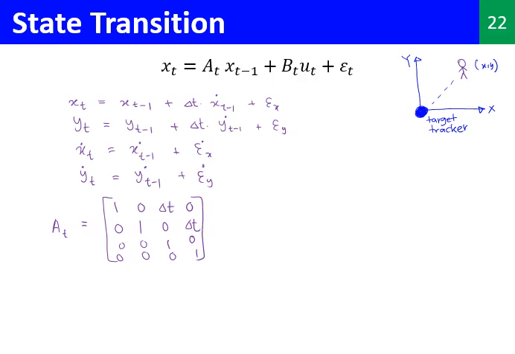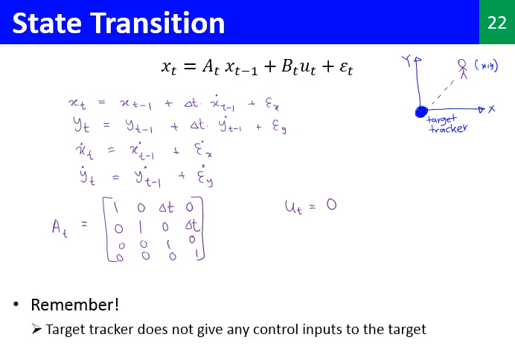And again, there is no control input in this example, so there is no B matrix that we need to consider. So I will write that as u_t equals 0 vector, and B can be anything, so we can have B equals 0. Okay, so what you need to remember is that the target tracker does not give any control inputs to the target, so in this application this term is not there.